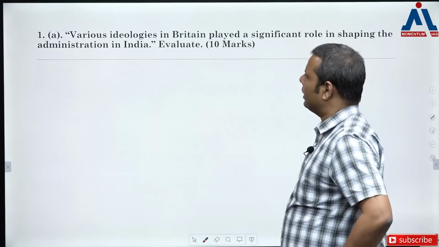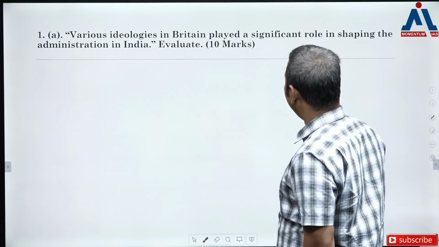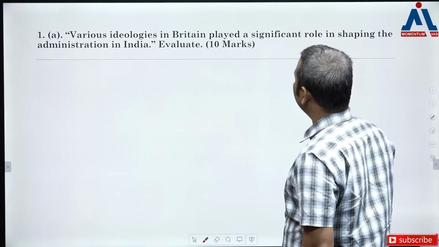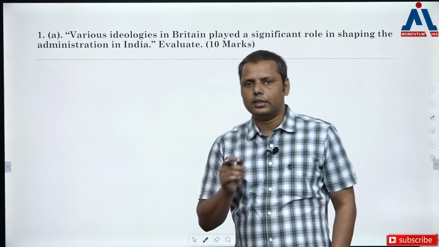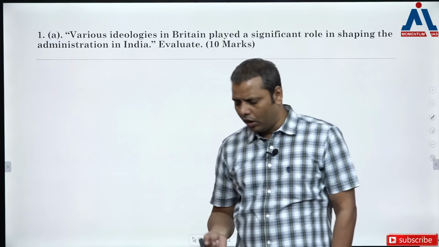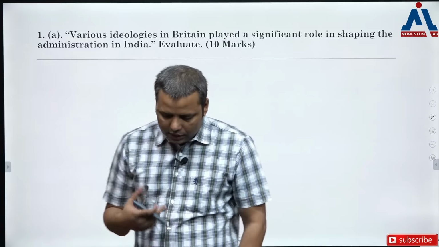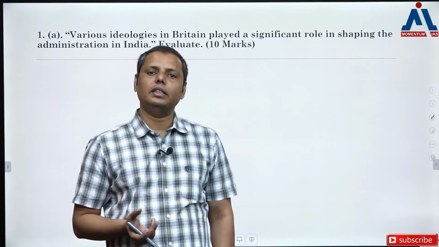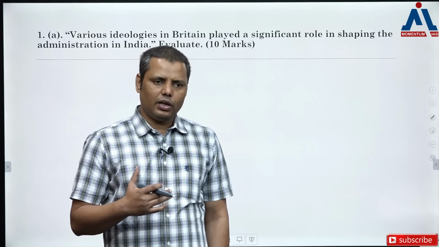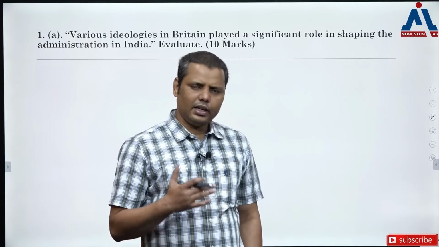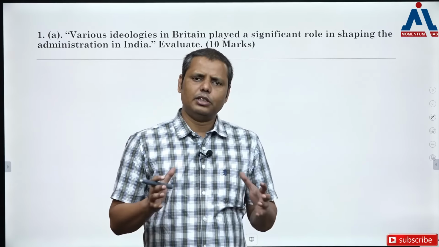Now the first question: the various ideologies in Britain played a significant role in shaping the administration in India. This question is talking about the shaping of Indian administration. You all know that India got gradually colonized in the second half of the 18th century, and by 1765 they got the Diwani. By that time there was not that much problem as such.